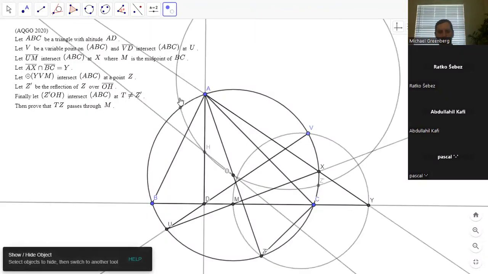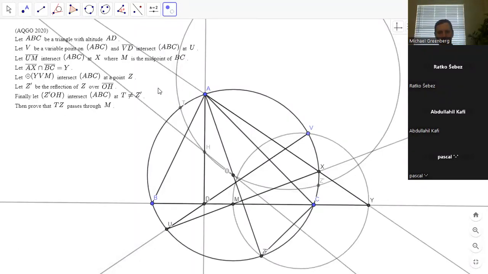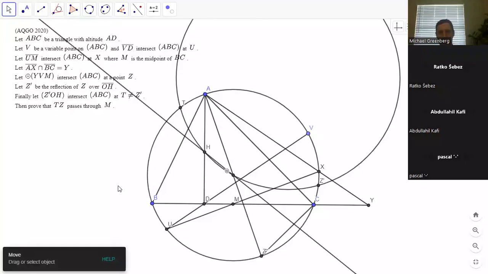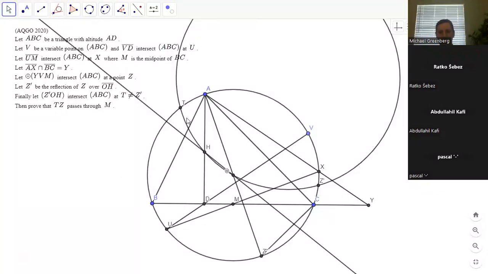Since you need to show that TZ passes through M, but actually line ZM passes through H. That is well known. So T is the AQ point, and then everything looks pretty simple. Okay, so say that one more time. So T is, assuming Z is the antipode, if we reflect it over OH, what was the first thing you mentioned?